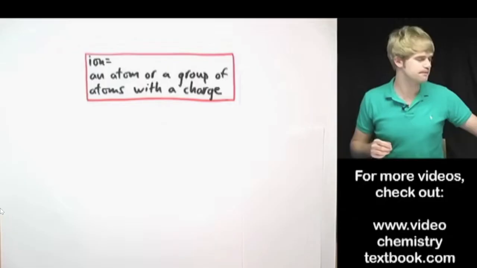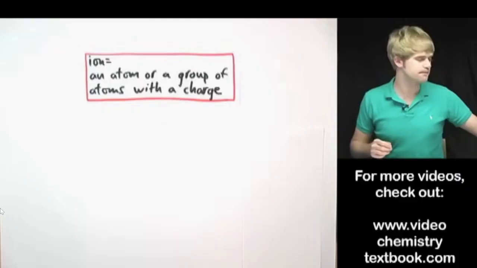Polygons. Polygons have how many sides? Many. So what does the prefix poly mean? Poly means many. So if you have a group of atoms, how many atoms do you have? Many. So we could call those ions polyatomic because they have many atoms, polyatomic ions.